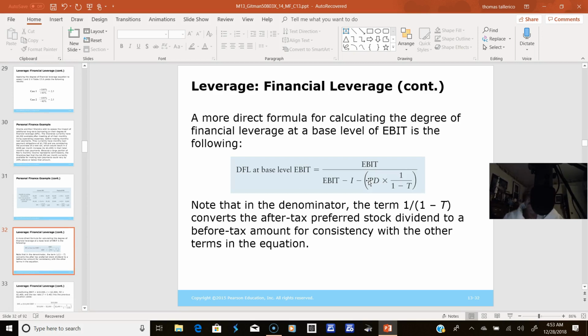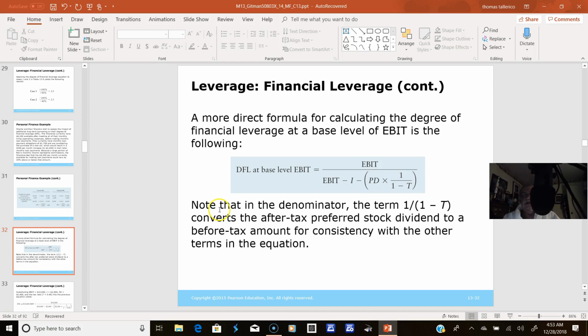All right, so here is again the harder equation for the degree of financial leverage, and again there's a base level, right? So you end up turning this into a before tax amount, right? Notice there's the tax, and this is an important statement here.